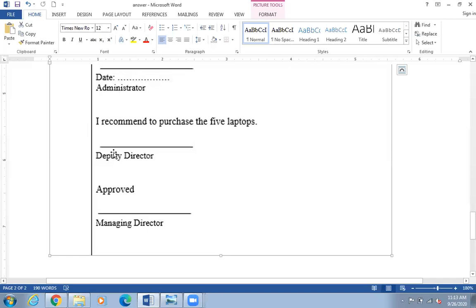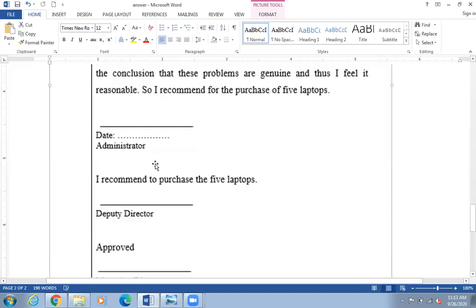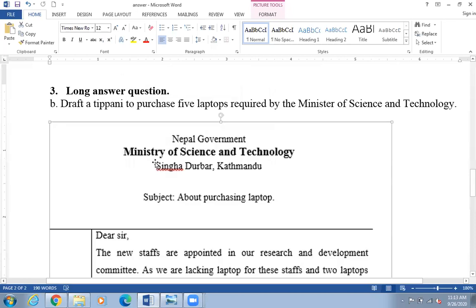So the letter comes to the deputy director, and then he will approve, checking whether the things are genuine or not. He will research whether it is really needed. When he says that the laptops are really needed, he will take it to the managing director and say, okay, buy the laptops. Finally the company will get the 5 laptops. Okay, so in this way you need to write this memo.